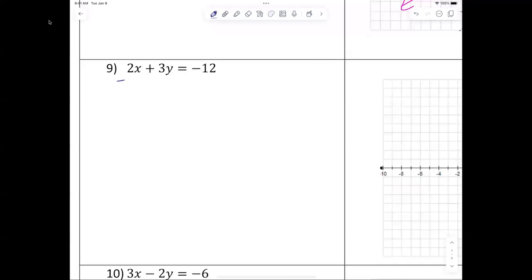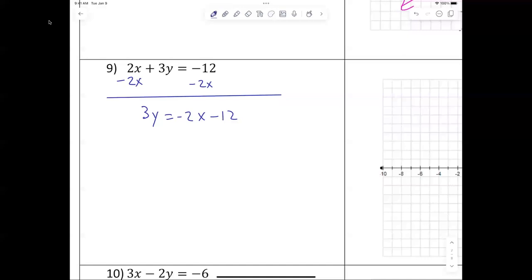We are going to move the 2x by subtracting 2x from both sides. Now, when I do that, I end up with 3y equals negative 2x minus 12. Now, what do I need to do? Divide by 3. y equals negative 2/3 x minus 4.